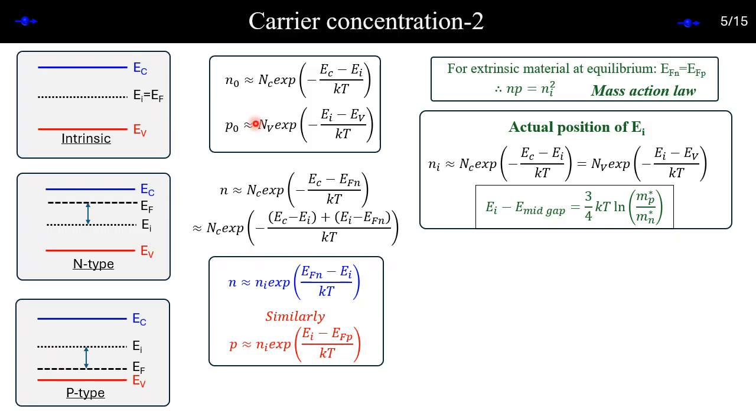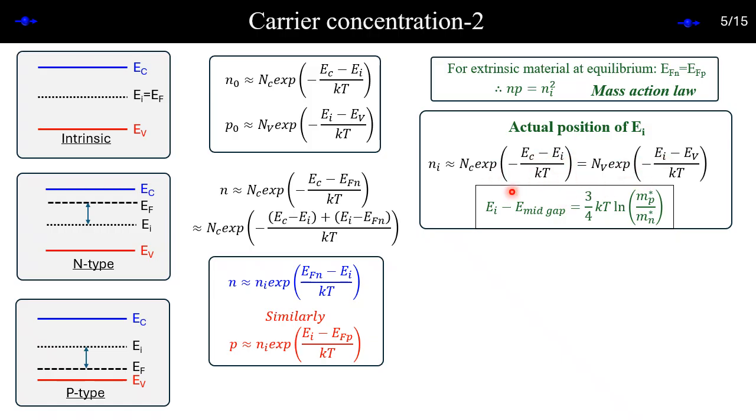Another important consequence is that we need to know exactly where the Fermi energy level of the intrinsic semiconductor is. I already mentioned it, but here we are trying to quantify it. For intrinsic semiconductor, n equals p equals Ni. This is the expression of n, this is the expression of p.